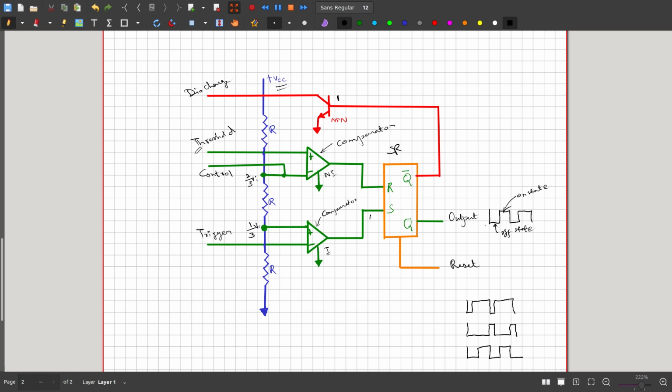This control pin is not necessary now, so we can remove it. Let me erase these things. We can remember the top pin is the discharge pin, and this is called the threshold pin, and this is the trigger pin.